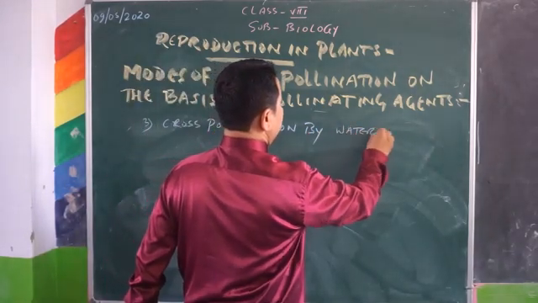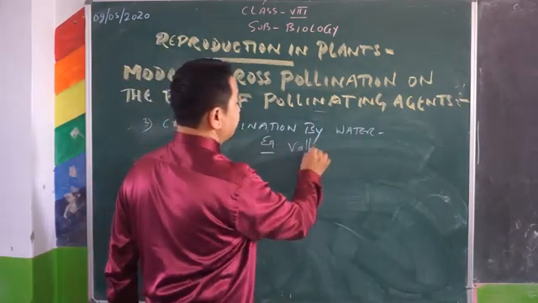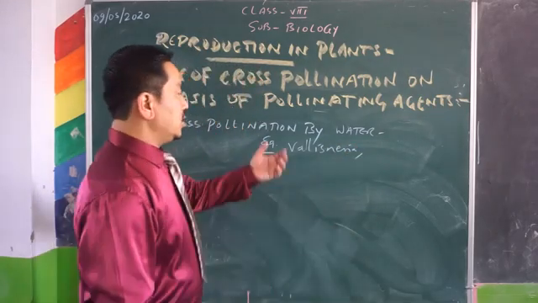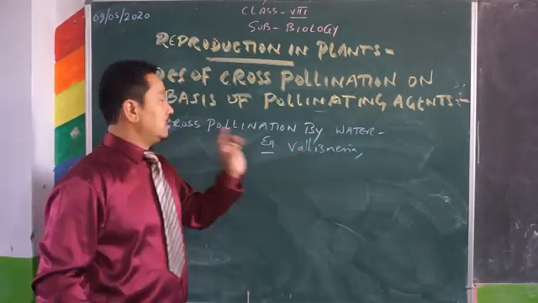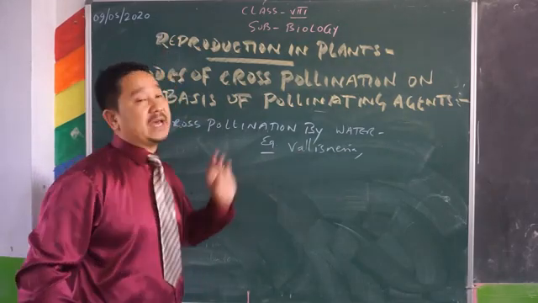Example we can give Vallisneria, water hyacinth. So the very typical example for the cross pollination by water is Vallisneria.